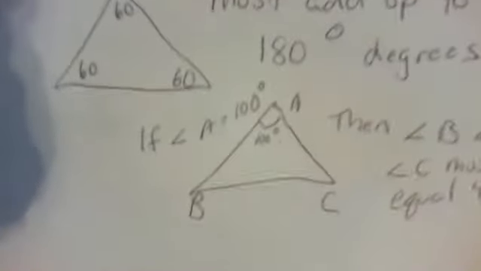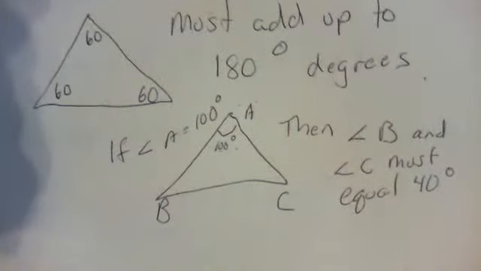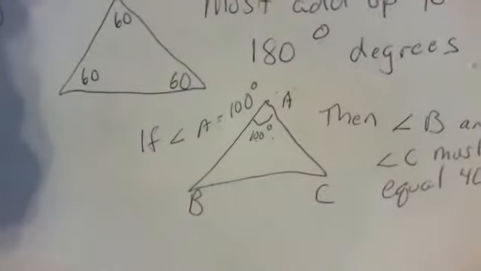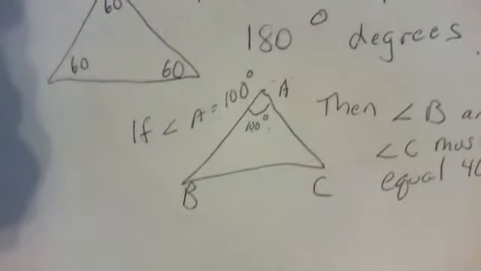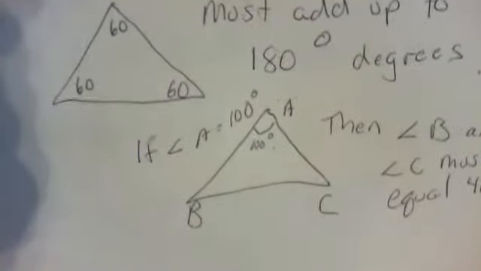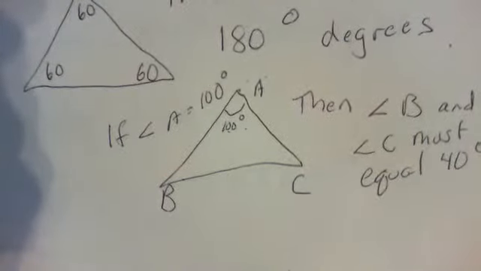Also, another math concept we need to know, it's very important here, is a little bit of geometry. We must know that all angles must add up to 180 degrees. In other words, when you have a triangle, when you add up all the angles, it must equal 180 degrees. In this case, we have 60, 60, 60. It must add up to 180 degrees.